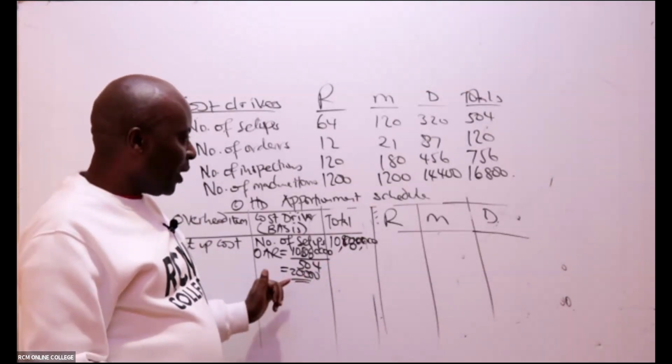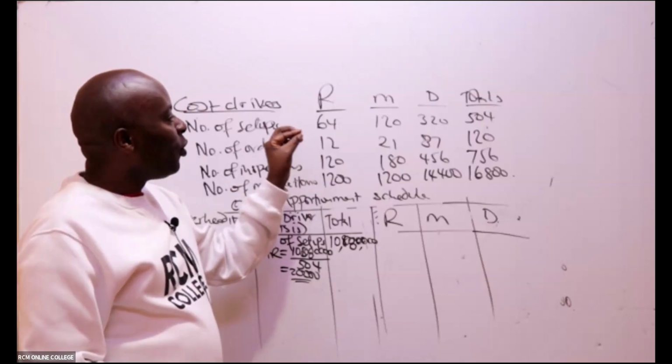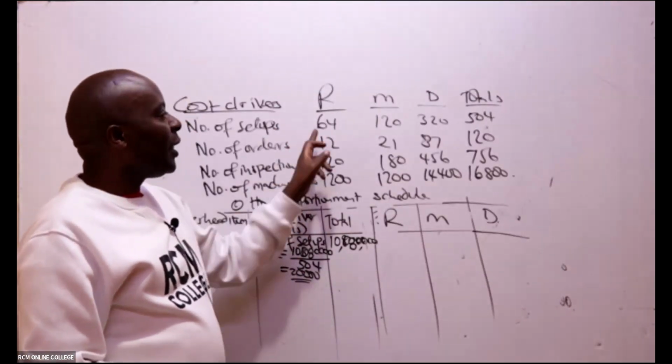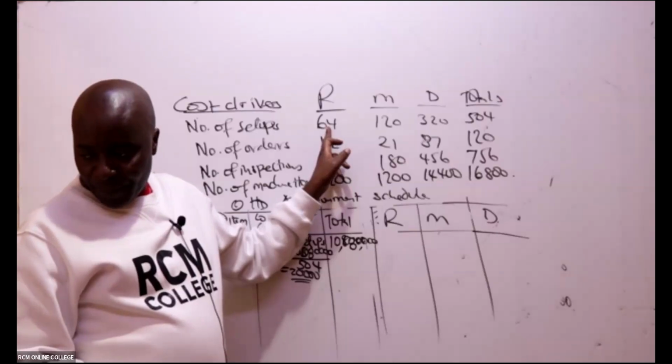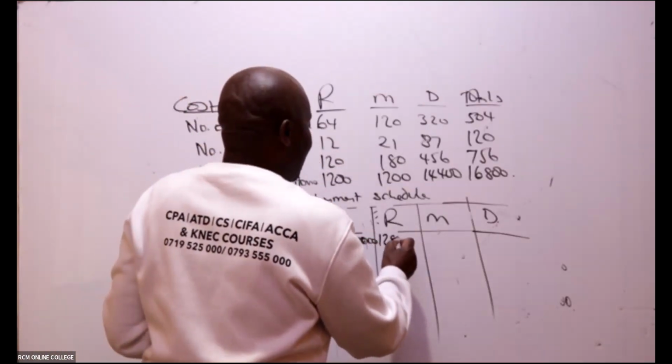R is consuming 64, so for the number of setups, to get each individual product, you take 20,000 times 64. They're giving me 1,280,000. So for R it is 1,280,000.